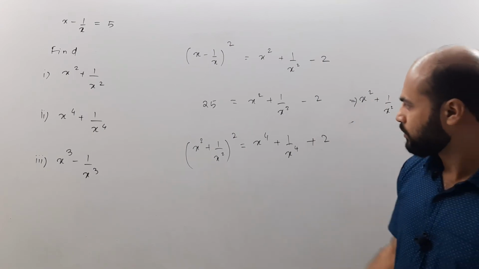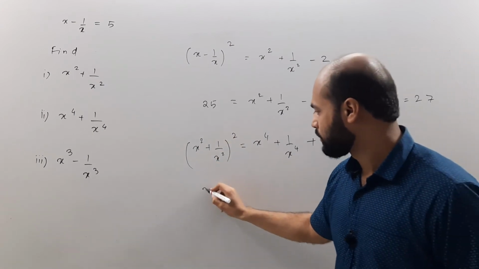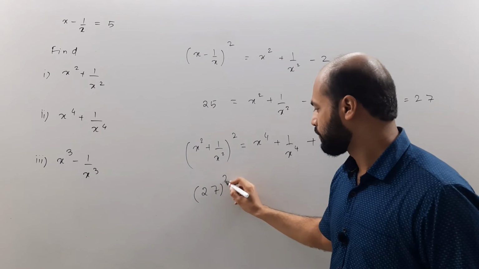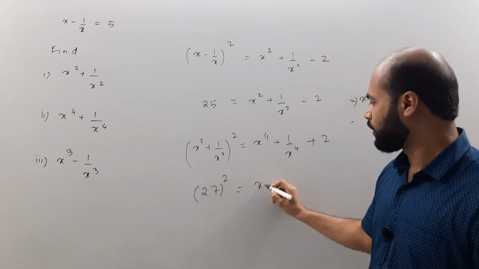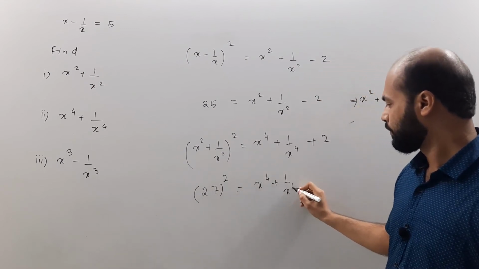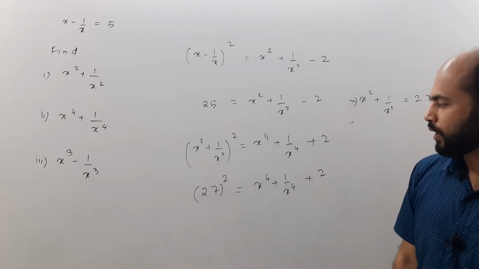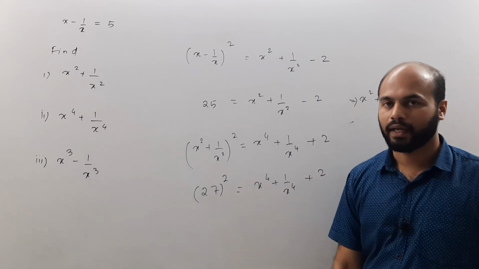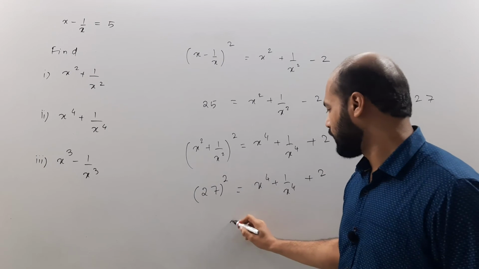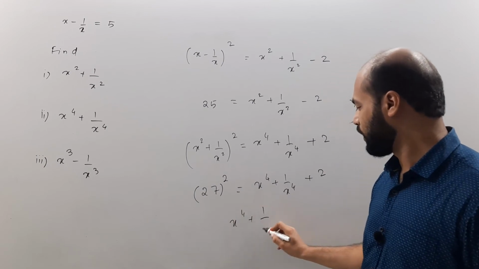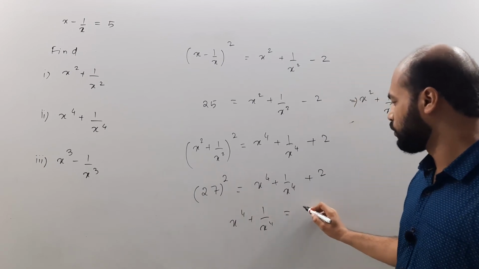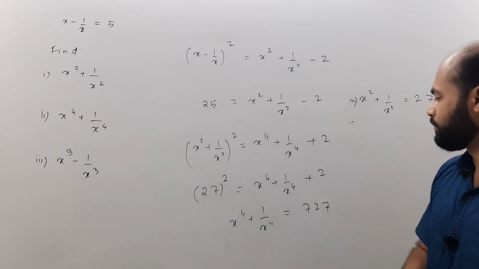And if I do this, I know that the value of this is 27 square. And this is the unknown quantity that we require, plus 2. The value of this is 729. So the answer would be x raised to 4 plus 1 by x raised to 4 is equal to 727.